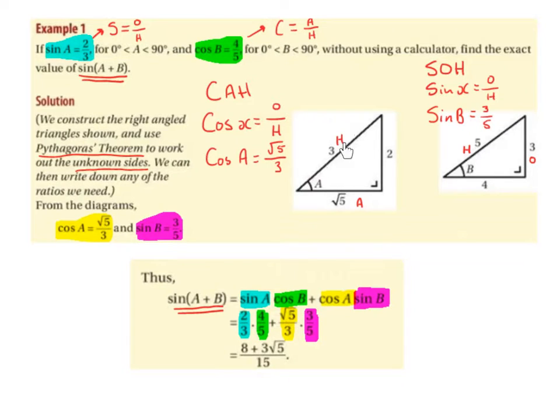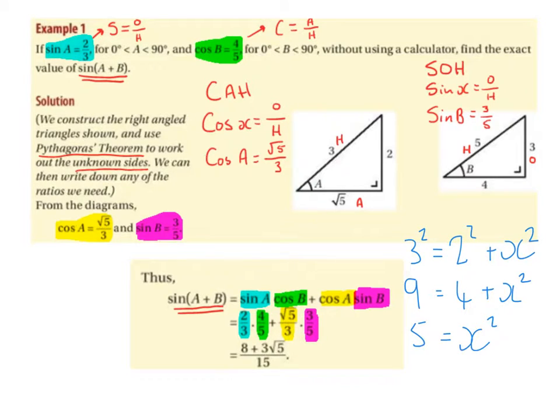So it's going to be 3 squared is equal to 2 squared plus x squared. So 9 equals 4 plus x squared. So 9 minus 4 is 5, so 5 equals x squared, so x is equal to the square root of 5. So we label this unknown side as root 5.